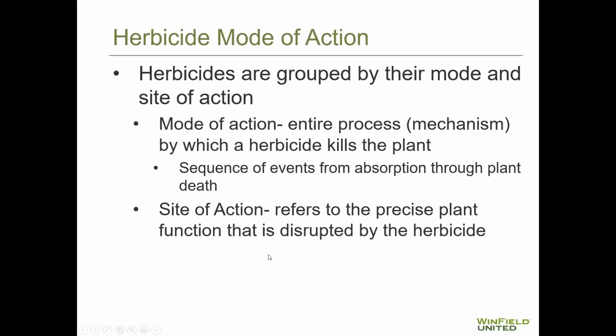Glyphosate interrupts the EPSP enzyme synthesis, whereas the ALS interrupts the ALS enzyme synthesis. So the site of action is actually the group numbers that we're thinking about. We often use these two interchangeably, but just so you know, they are slightly different.